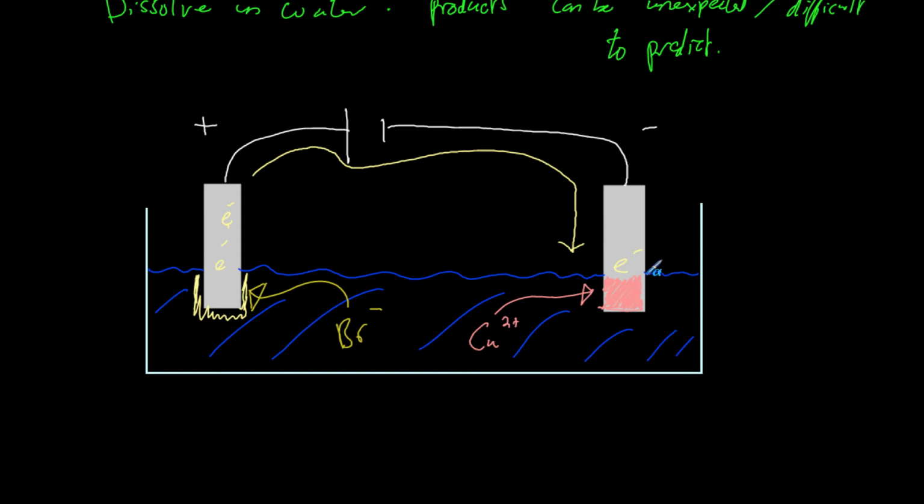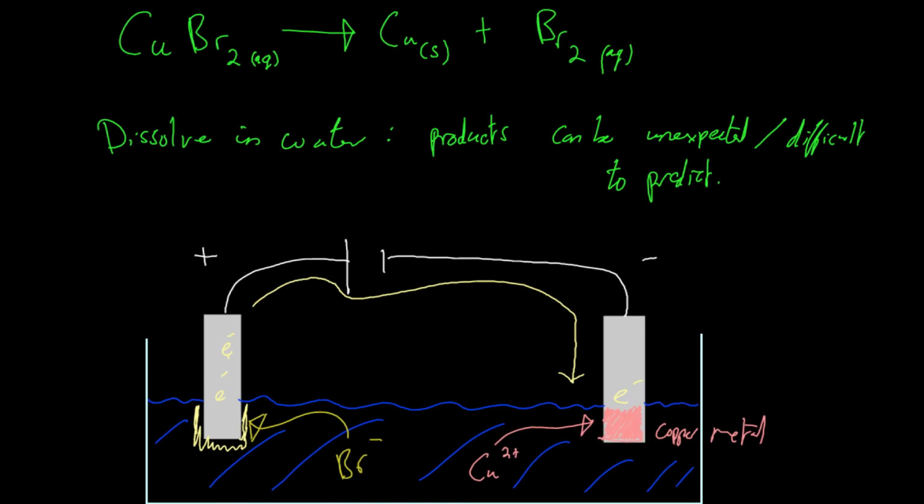So your copper has actually coated your electrode, because when it forms here, it's a solid. It's not going to drip down, because that's what liquids do. It's a solid, it will just stay where it is. So we've got bromine here and copper here, so copper metal. Okay? So it's not really too different from the molten examples. You've just got to remember those state symbols where we write aqueous, like here.